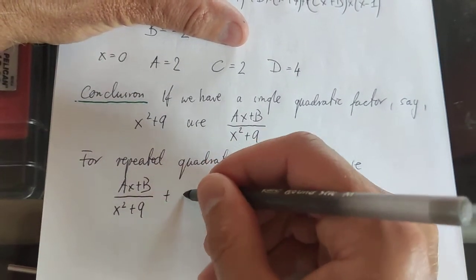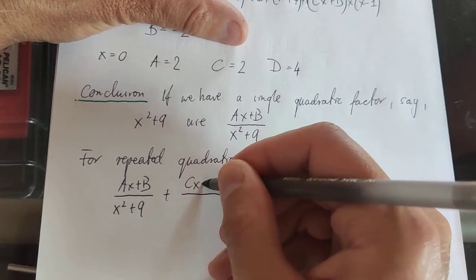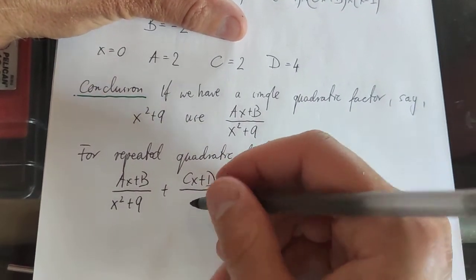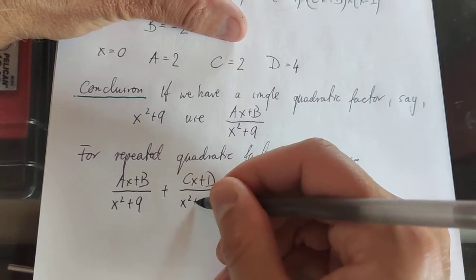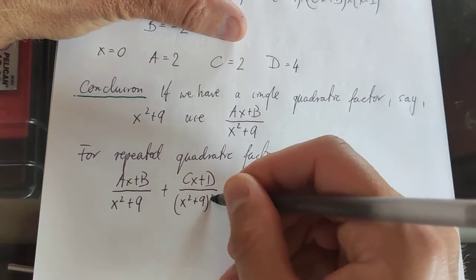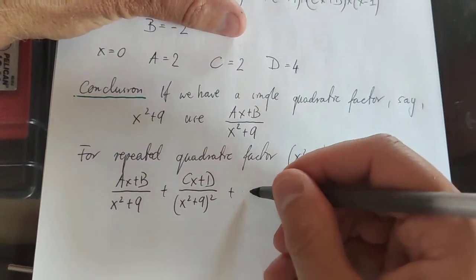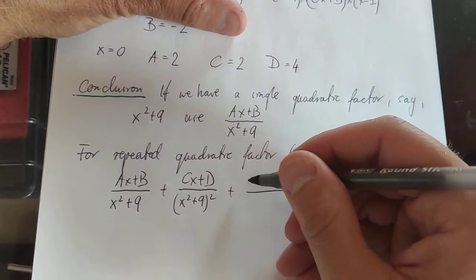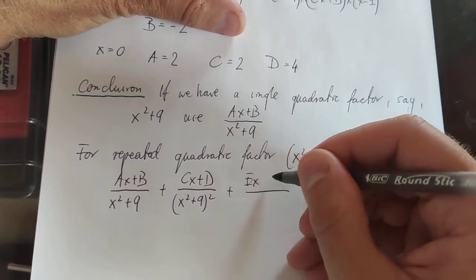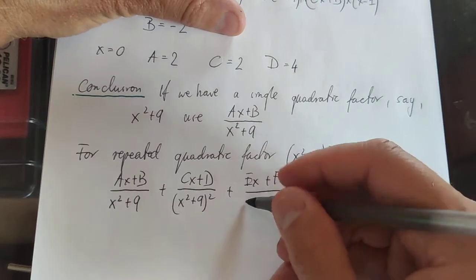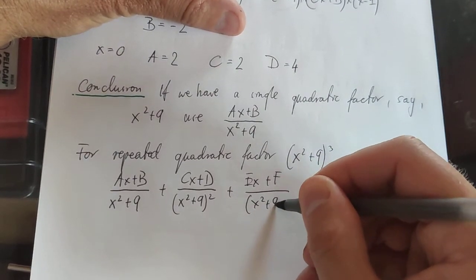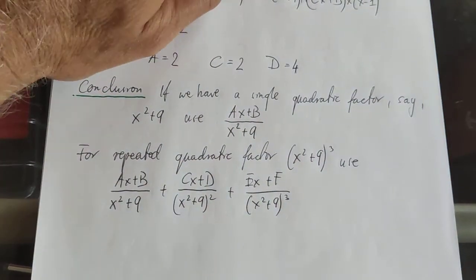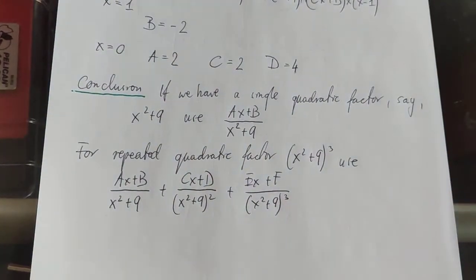Then Cx plus D, so this one is the repeated quadratic factor, squared, so 2 of those. Plus, what is next, Ex plus F over x squared plus 9 to the third. Okay, something like this.